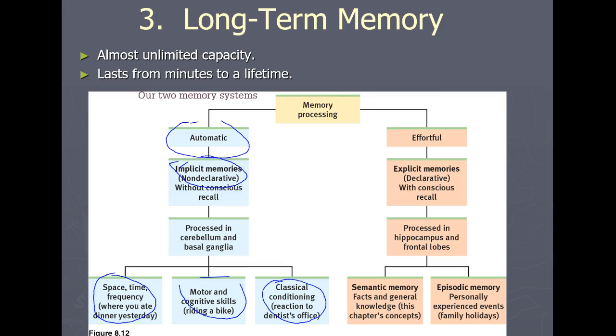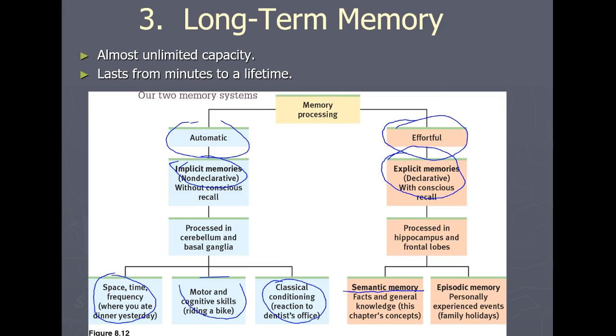We also said that when we make an effort to pay attention to and think meaningfully about information, that tends to be related to our factual knowledge, which is called explicit memories. And explicit memories fall into 2 categories. The semantic, which I tend to think of as like the encyclopedia information in your brain.